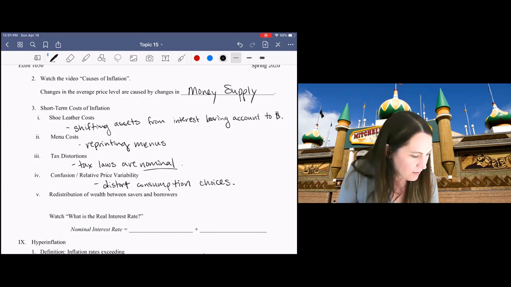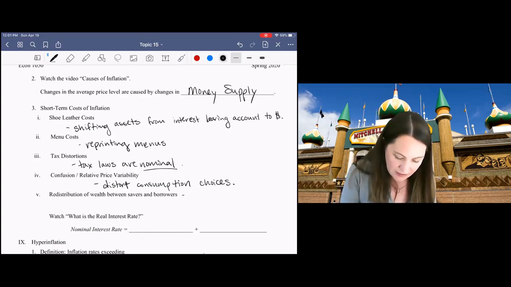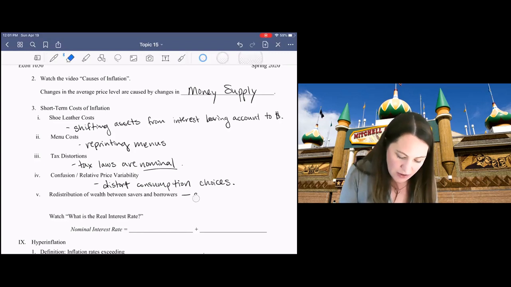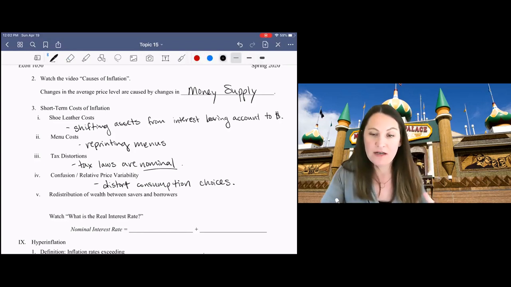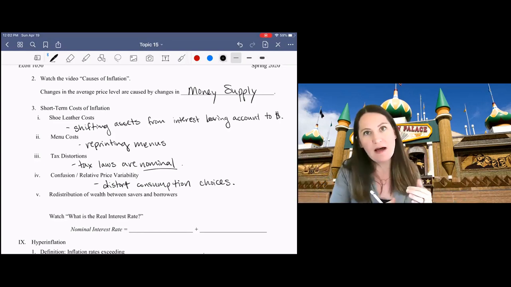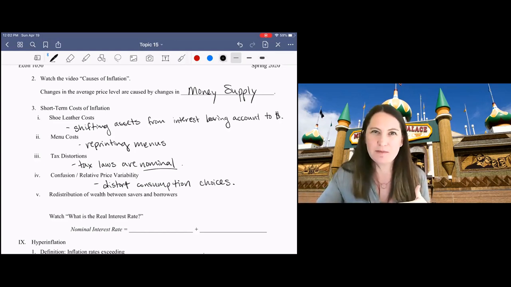And then the last one would come only with unexpected inflation. So part of the job of the Federal Reserve is not to just prevent all inflation, but to make sure that we have some stable level of inflation, that we all kind of know what to expect.